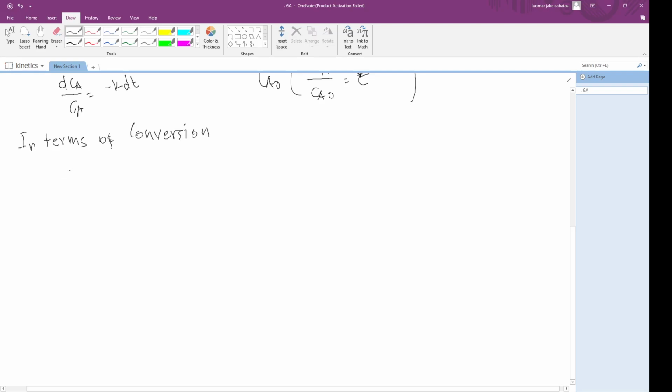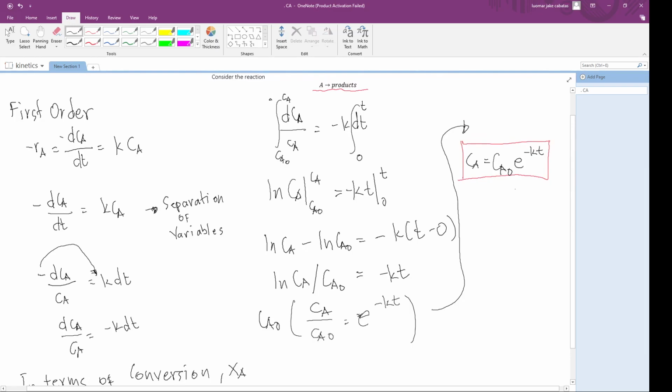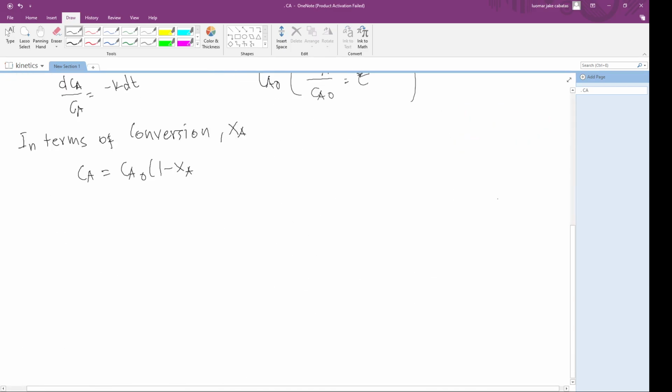As we all know, the relationship of conversion XA to concentration CA, or any concentration, is CA equals CA0 times 1 minus XA. So we could substitute it here, then solve for XA, because usually what is asked is XA.